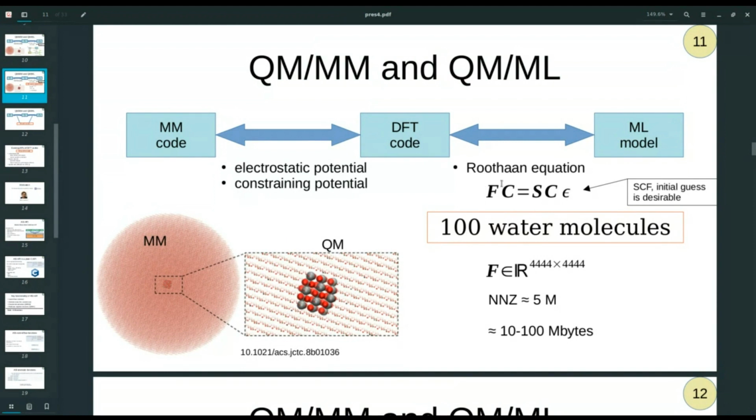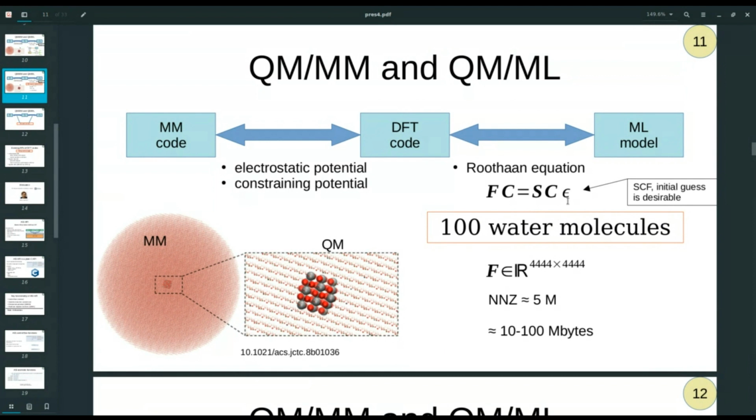It just works with matrices that essentially represent the coefficients of basis set expansion. And if your machine learning model, for example, was trained for a particular basis set, then it will work with this basis set. If you want to convert basis set, then you should solve it on your own side when you extract these matrices from the DFT code.